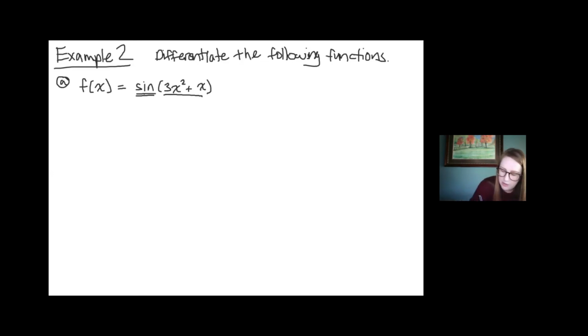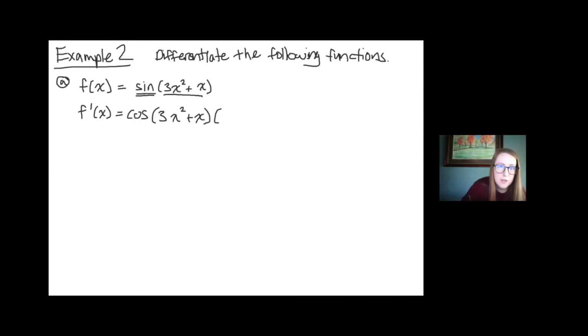Okay, so to take the derivative, we take the derivative of the outside function. So the derivative of sine is cosine. And then the inside function stays the same, 3x squared plus x. Then we multiply by the derivative of the inside function.